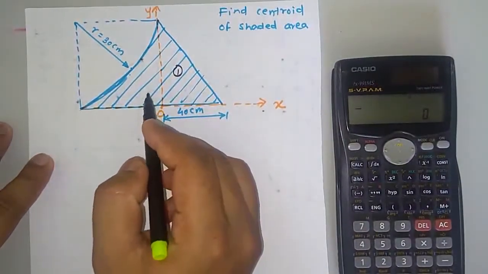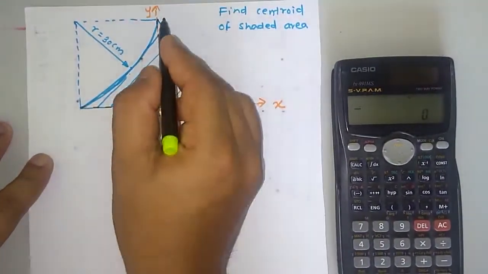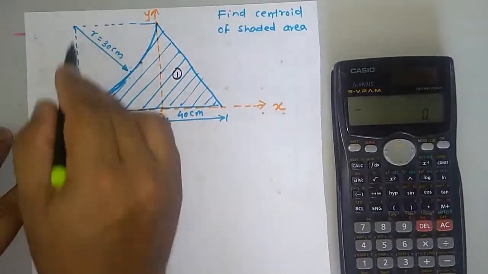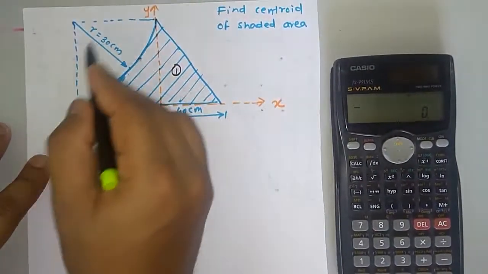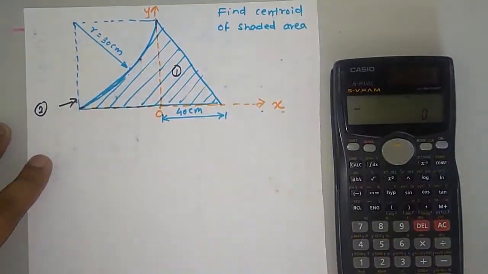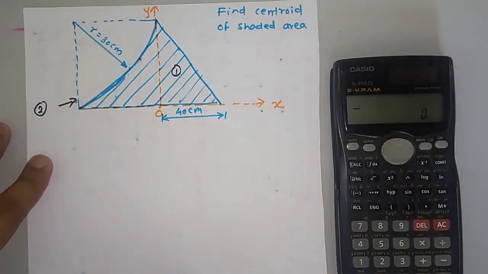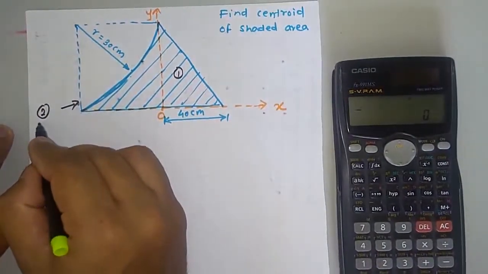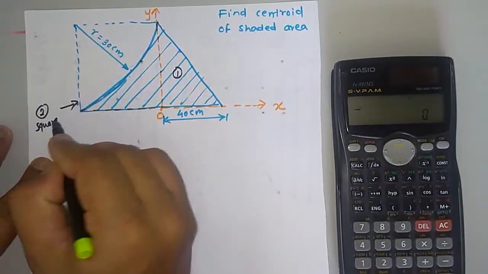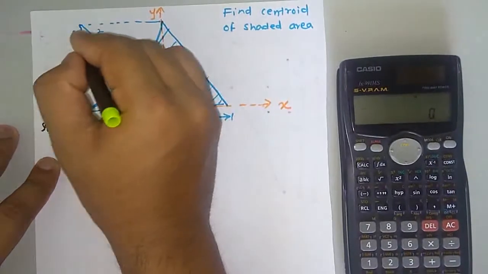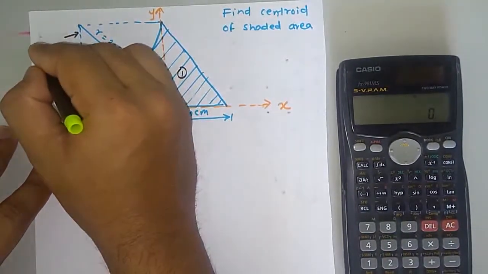So what we'll do, first we will select this square. Why is it a square? The radius is given here, and this is also a radius, so these dimensions are the same, that's why it is a square. So this is the second one, and the third part is this quarter circle.